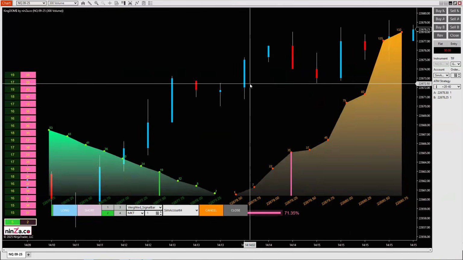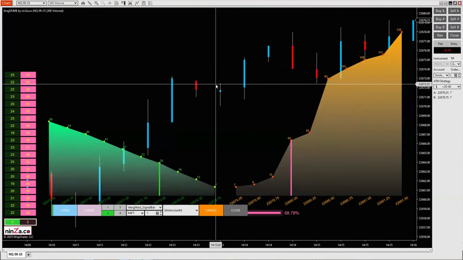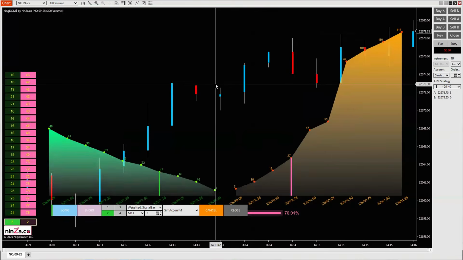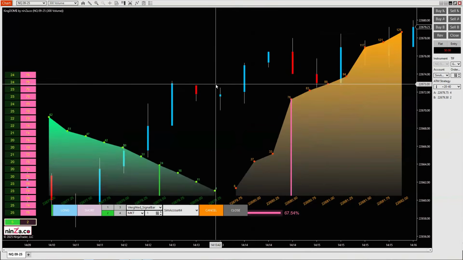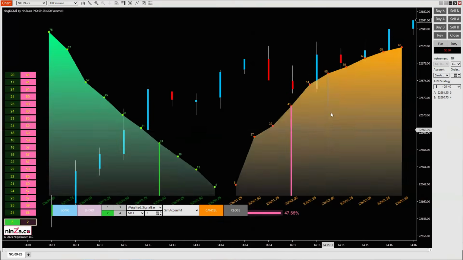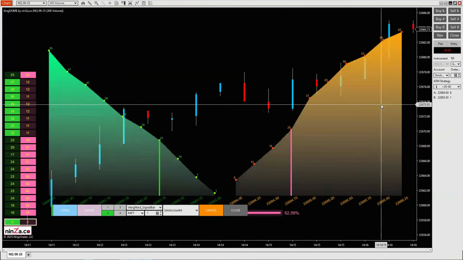And normally these targets result in a reaction. So I'm very happy to see they're able to achieve it, but there should be some kind of a reaction lower. And you can see more selling orders are coming in, and we'll see how they're going to deal with this area.